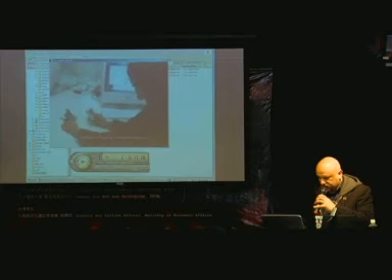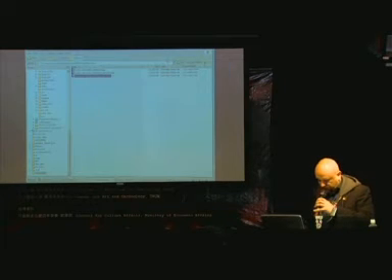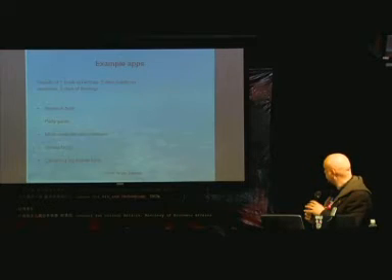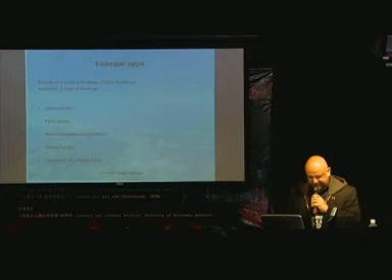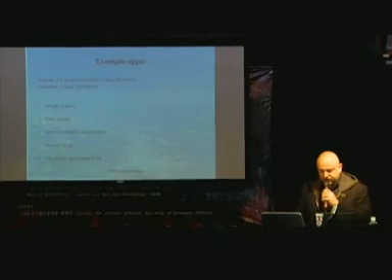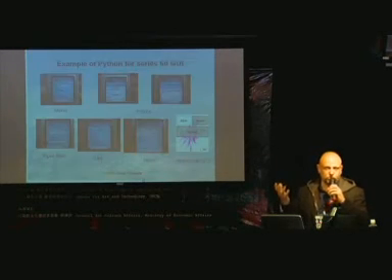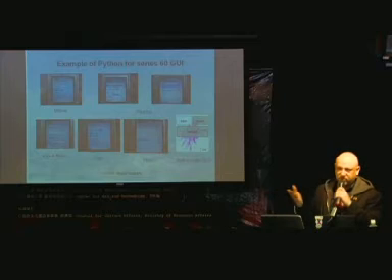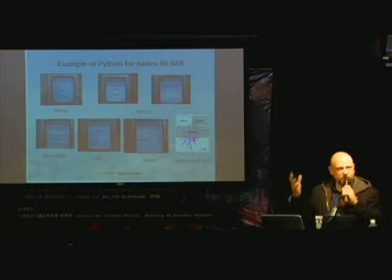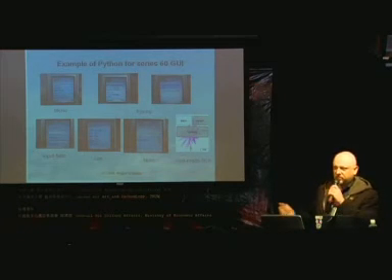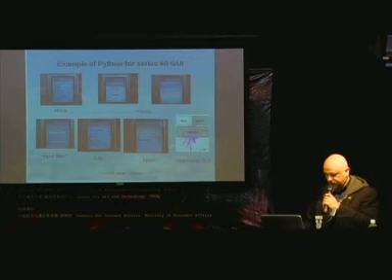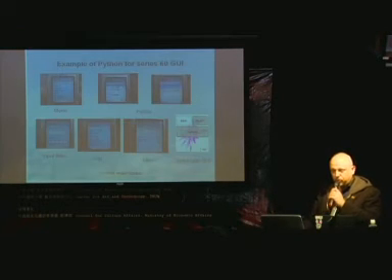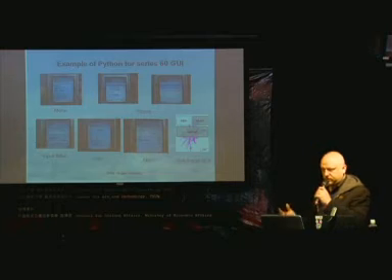Okay, so now I want to go back to the presentation. What I was trying to show you is what one can do with mobile phones and with Python for Series 60. You have an idea and you can implement it quite fast. Python offers a very rich set of functionality.